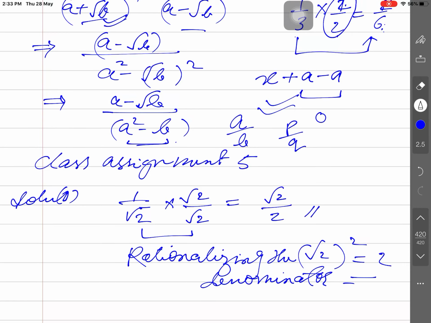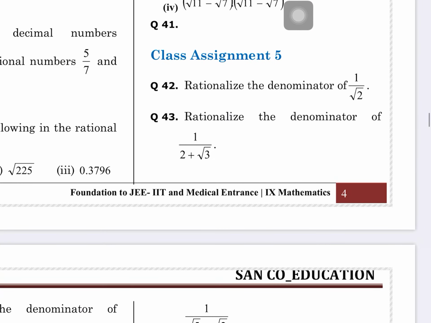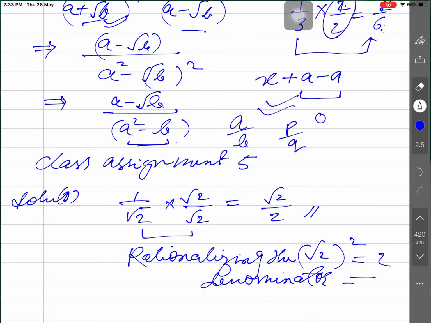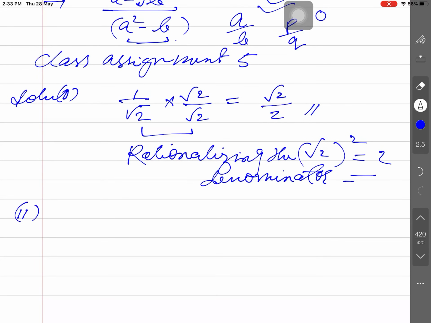Similarly, the next question says rationalize the denominator 1 by 2 plus root 3. Again, the next question is 1 by 2 plus root 3. Rationalize the denominator. So obviously we will multiply.